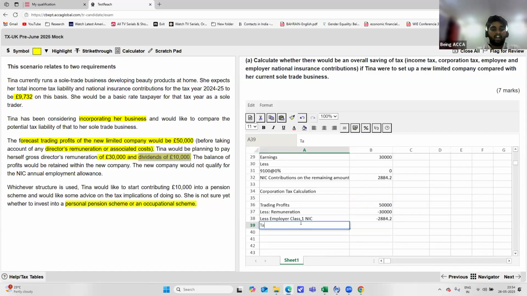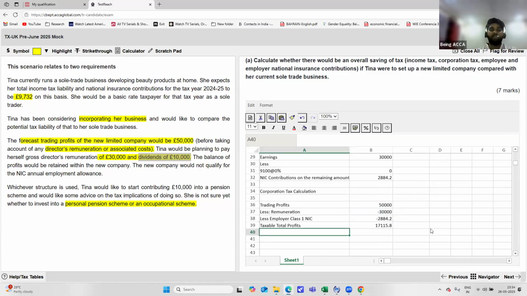Now, the taxable total profits that we get are equal to the sum. For additions, always use the formula sum, open brackets and select it down until the costs. So this is the taxable total profits.